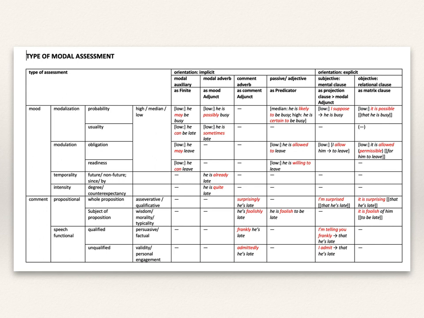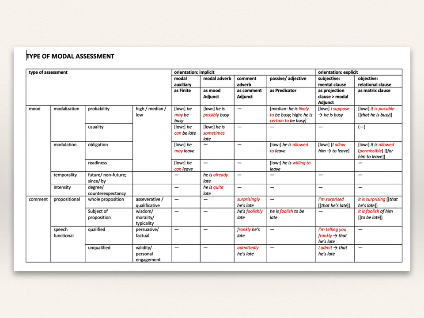So these are the adjuncts that serve to realize different assessments in terms of comments on the proposition or on the speech function. And then finally, within the residue, as predicator, either a passive verb form, like he is allowed to leave, or a form with an adjective, like he's likely to be busy, or within comment, he's foolish to be late.